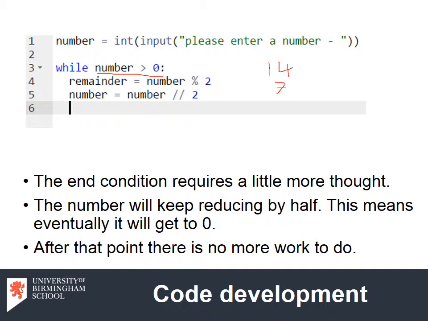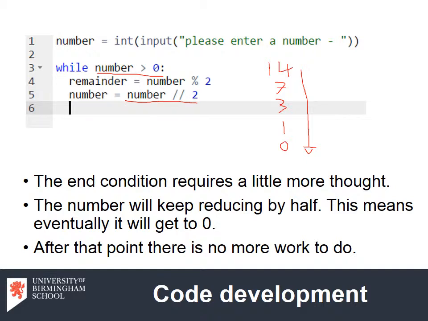If I divide 7 by 2, it doesn't divide cleanly, but if I do integer division, I'm going to get 3. If I use integer division again on that, I'm going to get 1. If I divide that again and use integer division, I'm going to get 0. So you can see I'm going from big number to small number. Every time I'm dividing by 2, I'm getting a slowly smaller number, which is what this is doing right here.